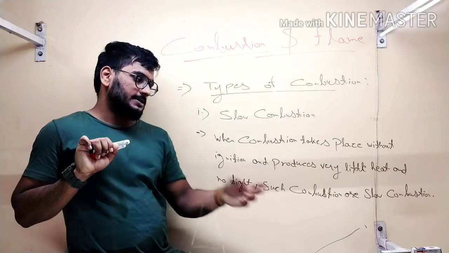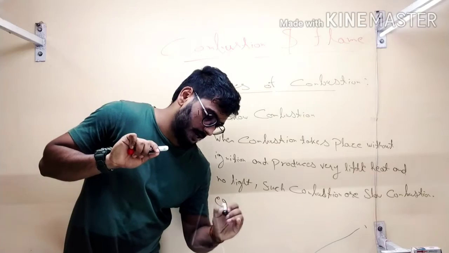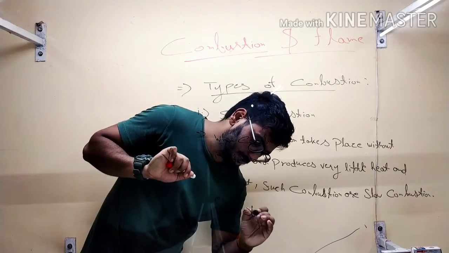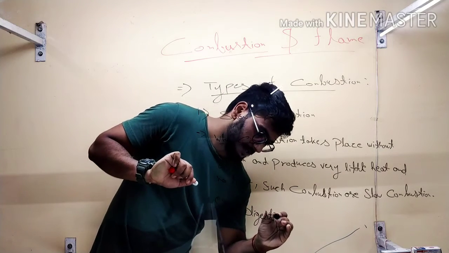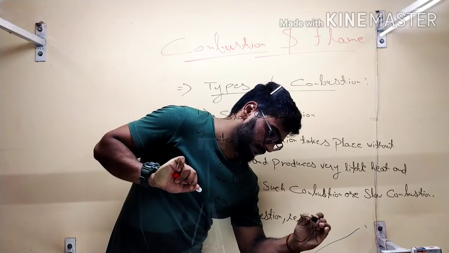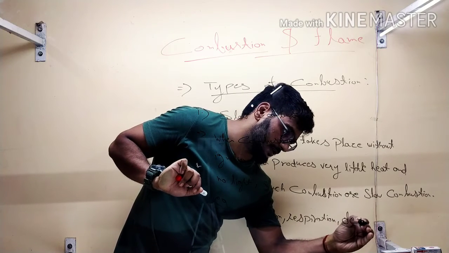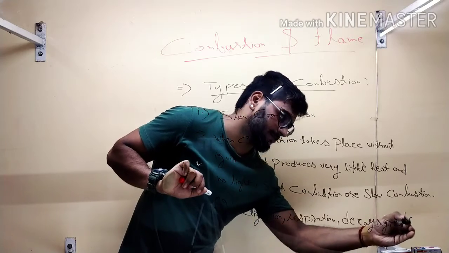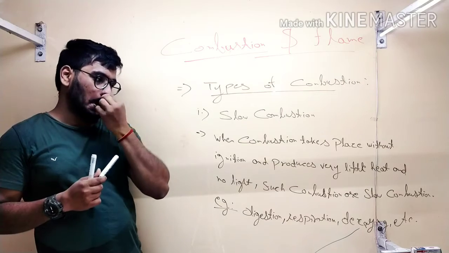Such combustion is slow combustion. You also need to write examples like digestion. Digestion is a slow combustion. Respiration and decaying are also examples. There are some more examples, but 2 or 3 are enough for you.